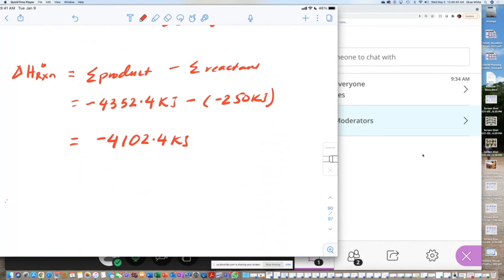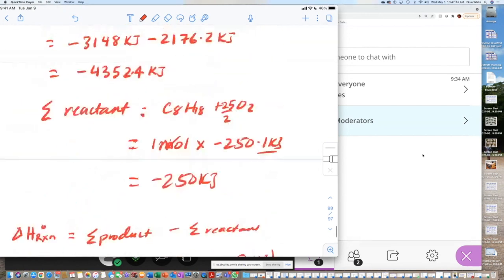when 1 mole of C8H18 reacts with 25 over 2, that would be what? 12.5 moles of oxygen to produce carbon dioxide. Oops, I'm writing this incorrectly. And water.